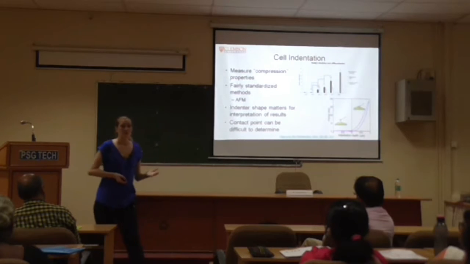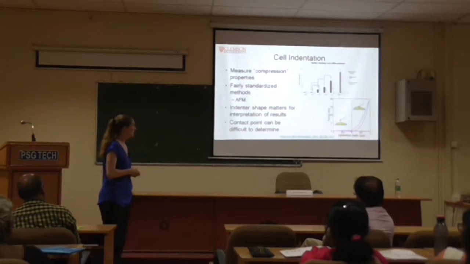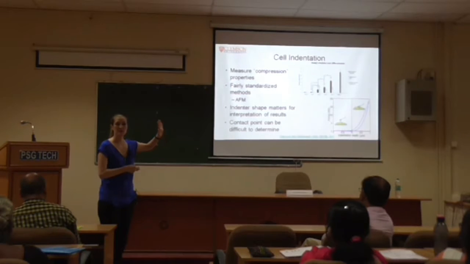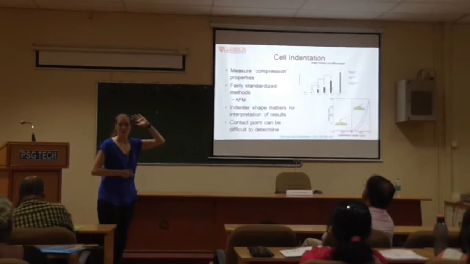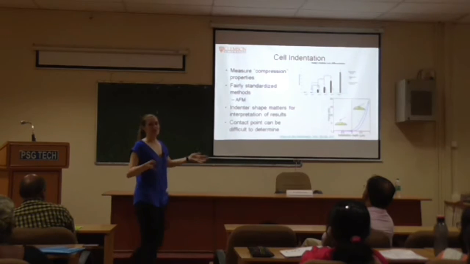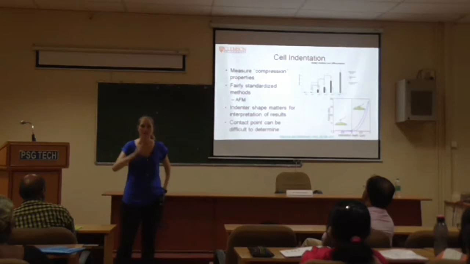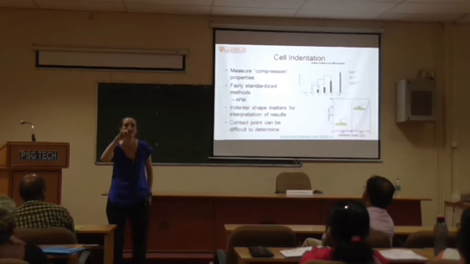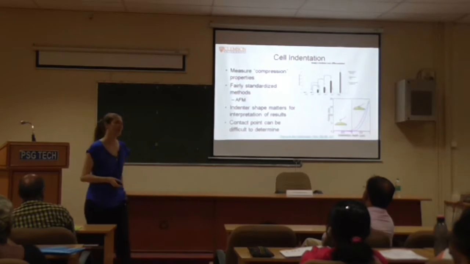One is looking away from the cell at how much noise I have, and if force starts increasing above the level of noise, then that's where I'm going to put my contact point. That's not too bad to do in Excel. You can scroll in the data and look and see.